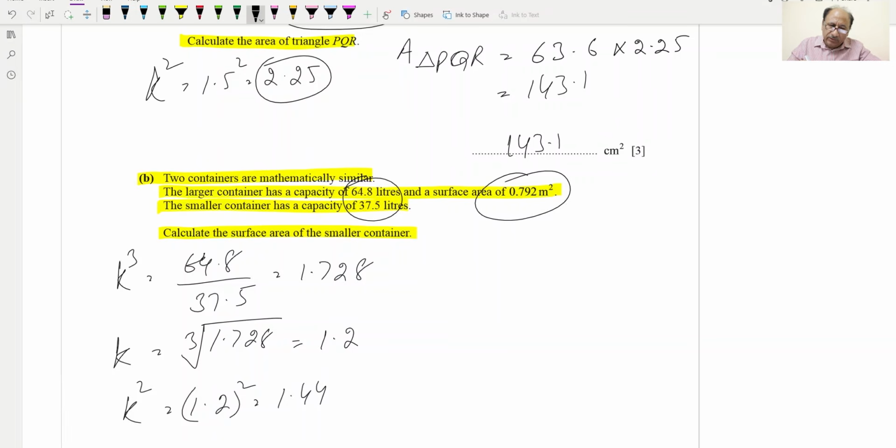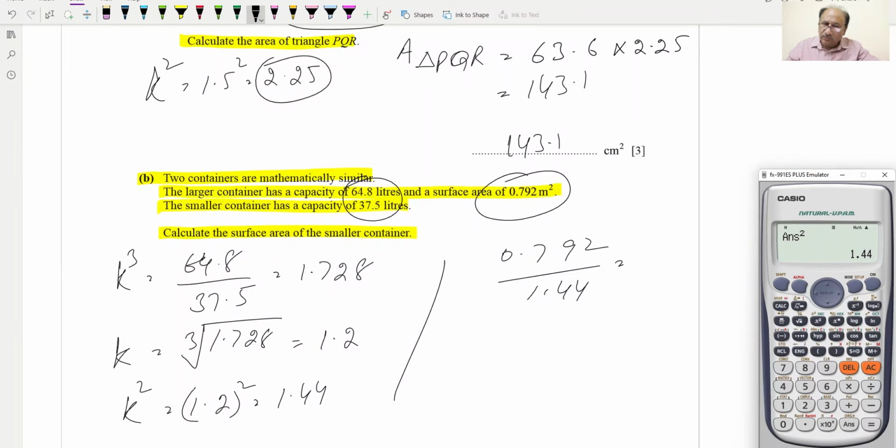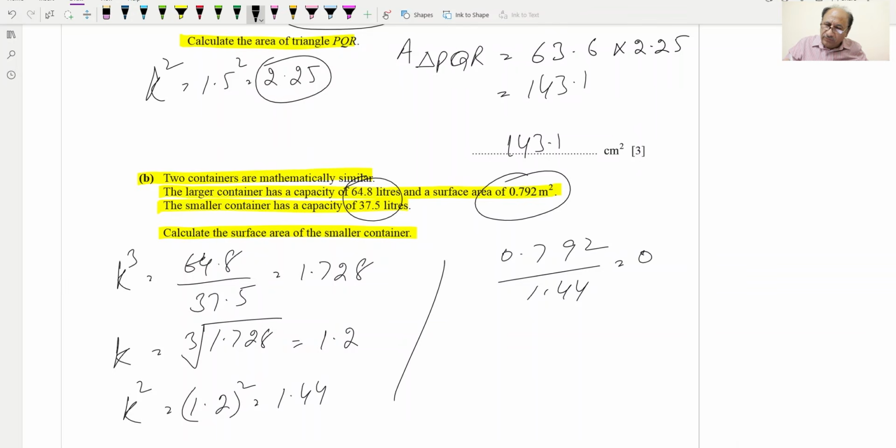We will be dividing the area 0.792 divided by 1.44, and this will give us 0.55 meters squared.